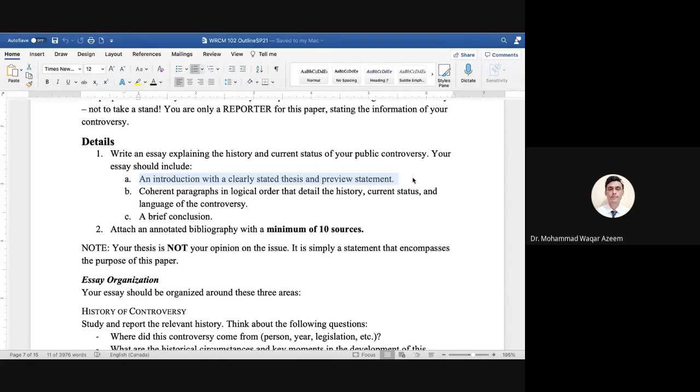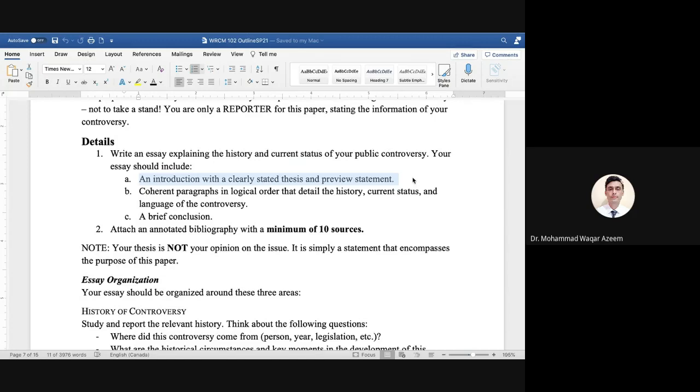The first part of your essay is an introduction with a clearly stated thesis and preview statement. The thesis in the introduction of your essay will be more like a preview statement. So what is a thesis or a preview statement? It is a statement which gives a focus to your essay.